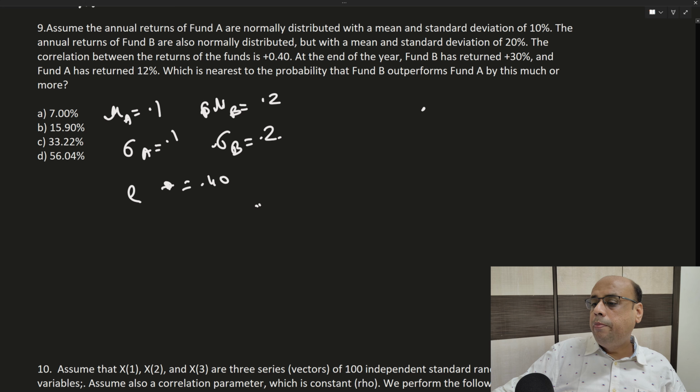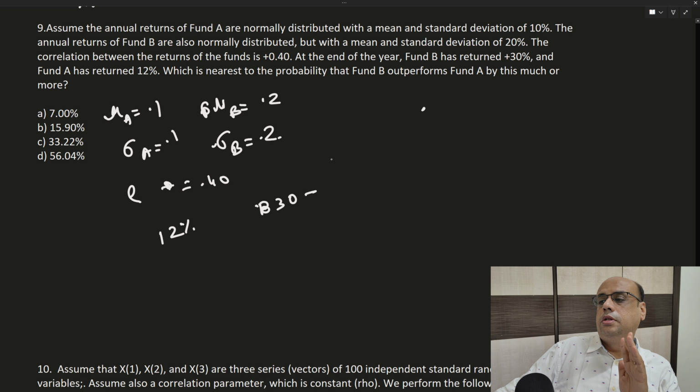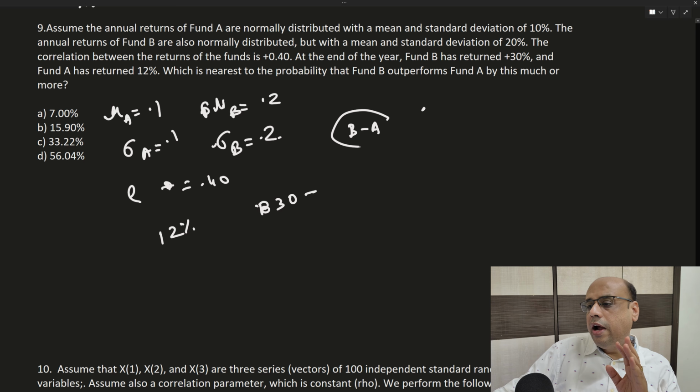The final return of B is 30% and of A is 12%, right? What we are asked is: what is the probability that fund B outperforms? So we will have to subtract A from B and find the distribution of B minus A to know the probability.